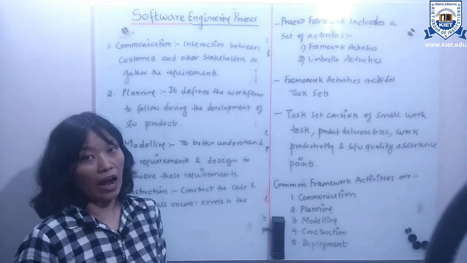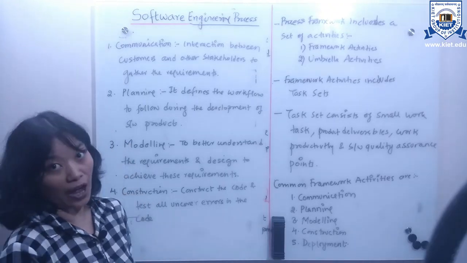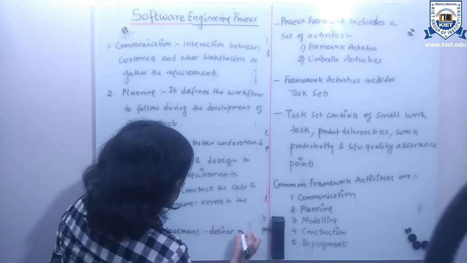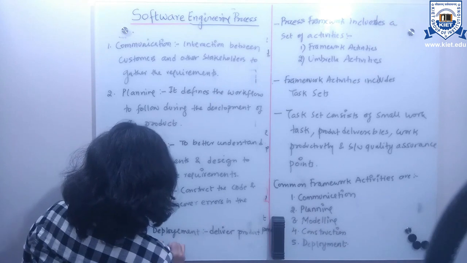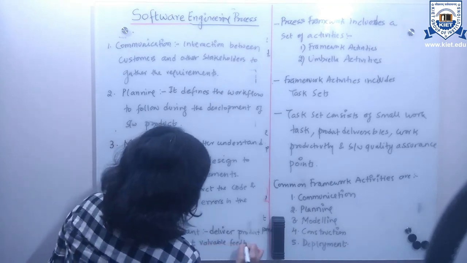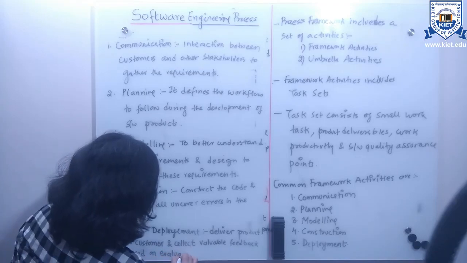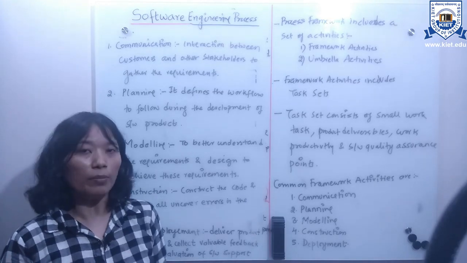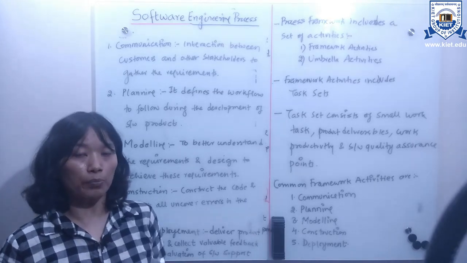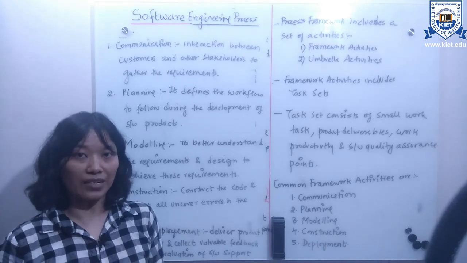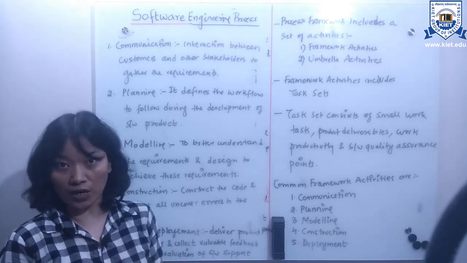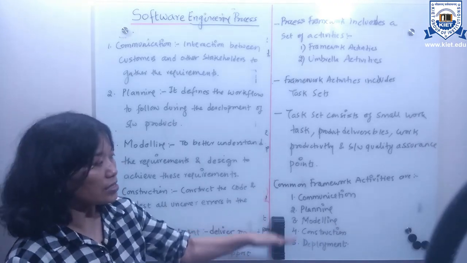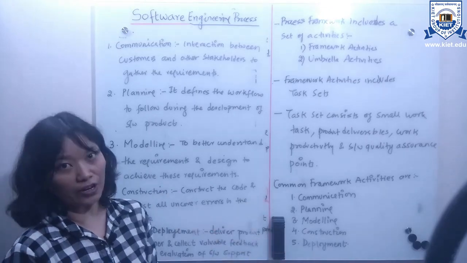And the last activity under common framework activities is deployment. Under this activity, deployment is all about delivering the product to the customer and collecting valuable feedback from the customer based on the evaluation of software support. So these 5 are the common framework activities.